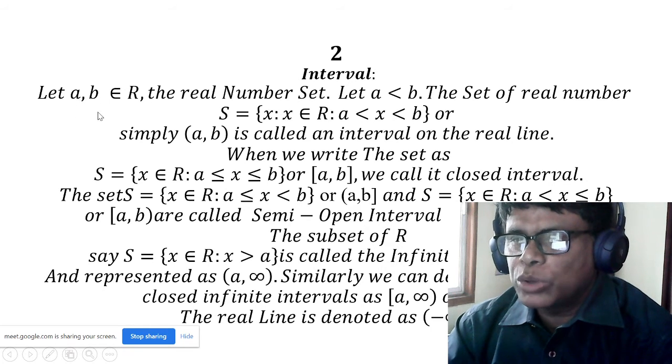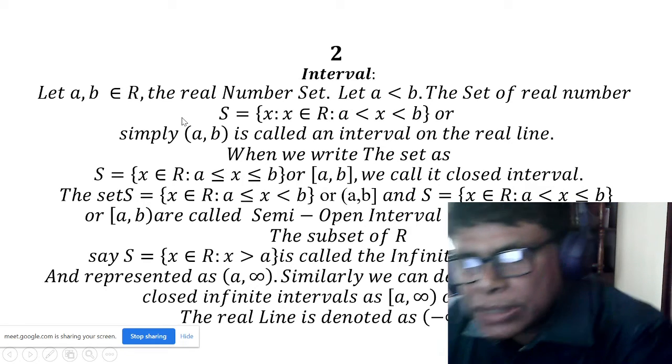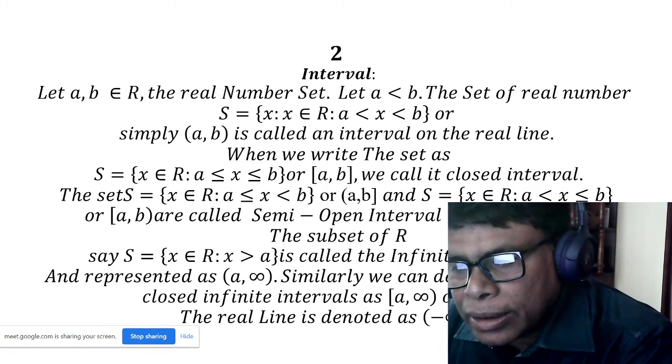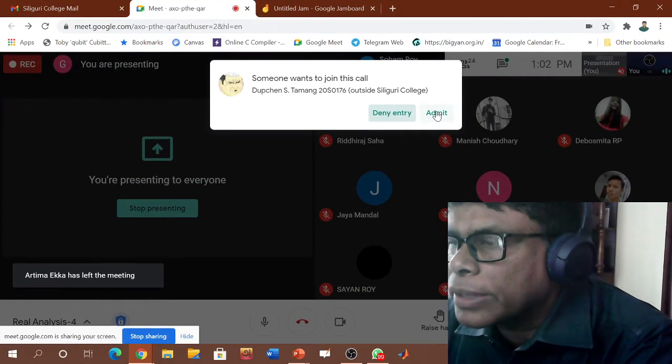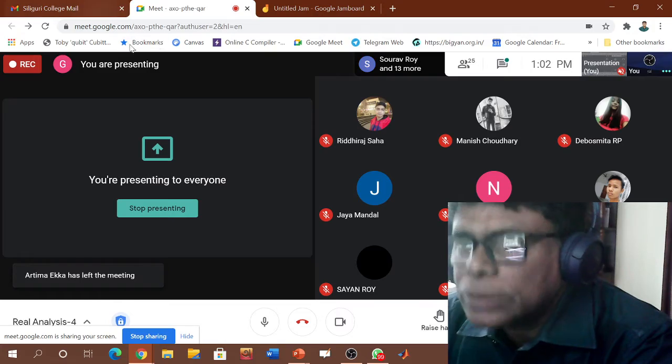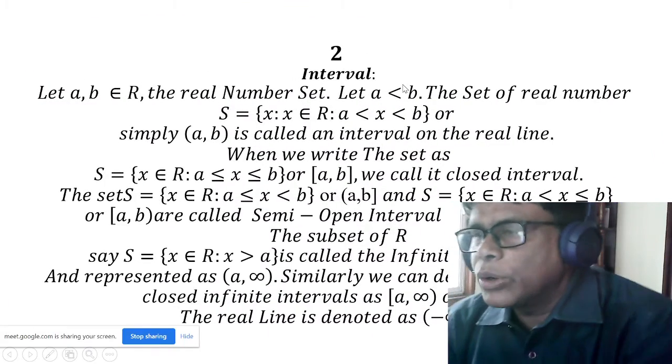So 2 and 3 belong to the real number set. Now, suppose A is less than or equal to B. We know that the real number set follows the order property, so we can easily say A less than or equal to B.